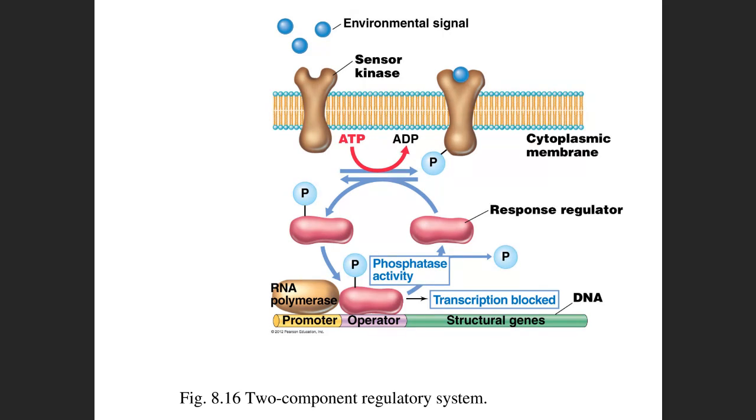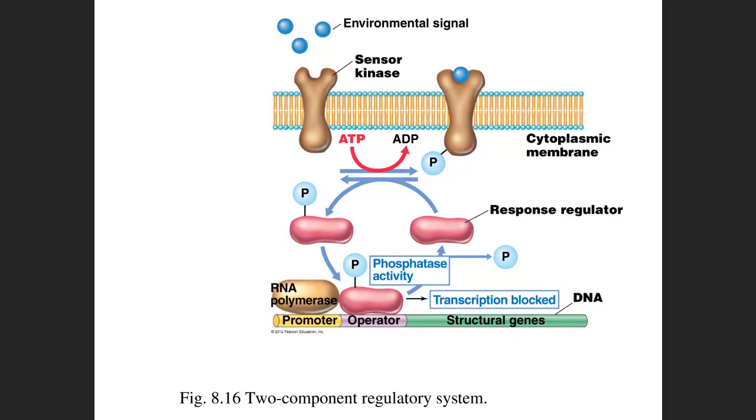First of all, what are the two components? There are two components, right? One, this sensor kinase is one, and this repressor is the other one. Okay, so that's two components.